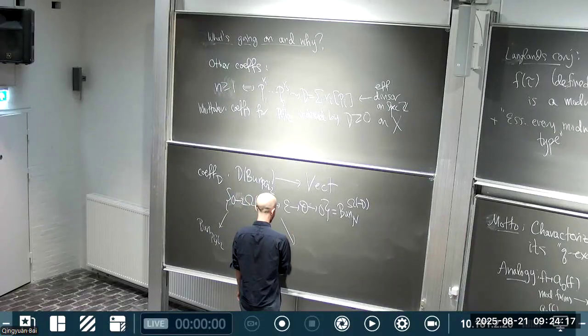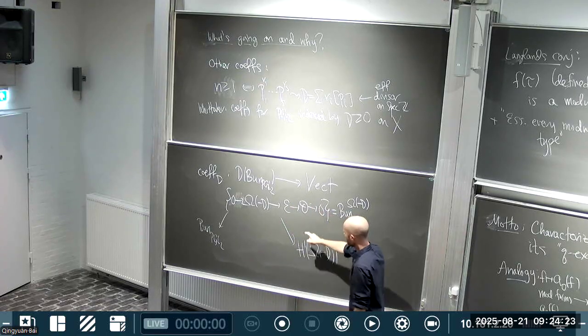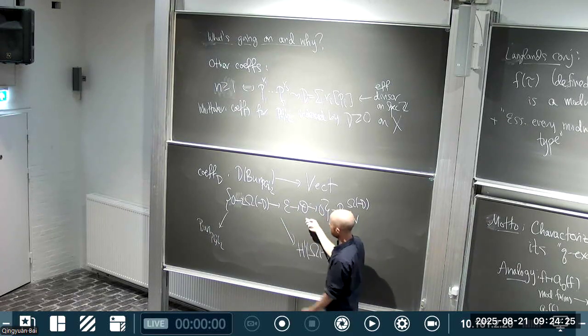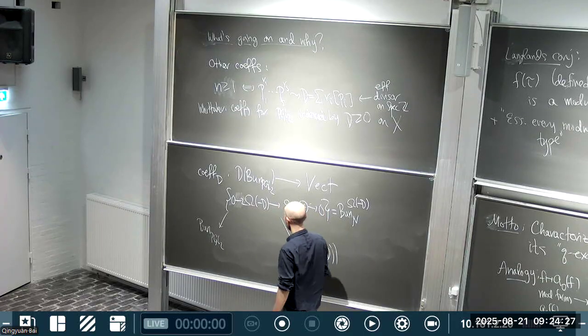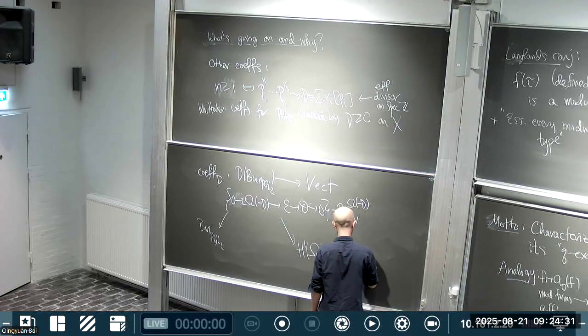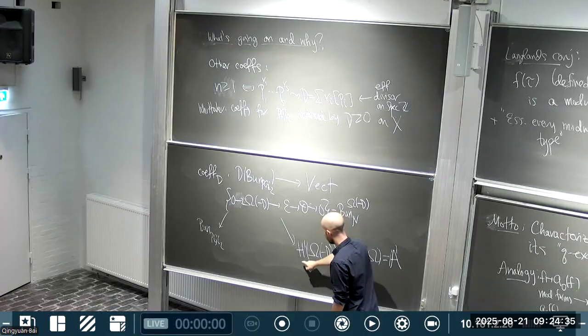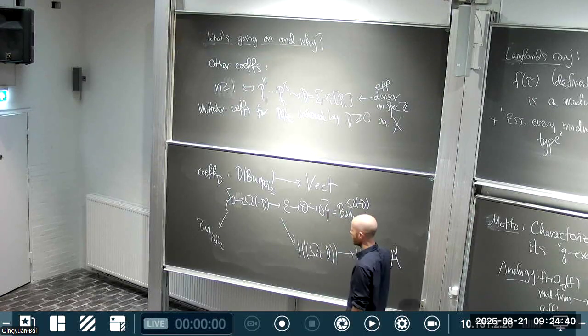This maps to Bun PGL2. Now this maps to H^1 of omega of minus c. Like in my talk, we're taking the isomorphism class of the extension. This maps to H^1 of omega, and this goes to A^1, so again equating spaces and vector spaces.